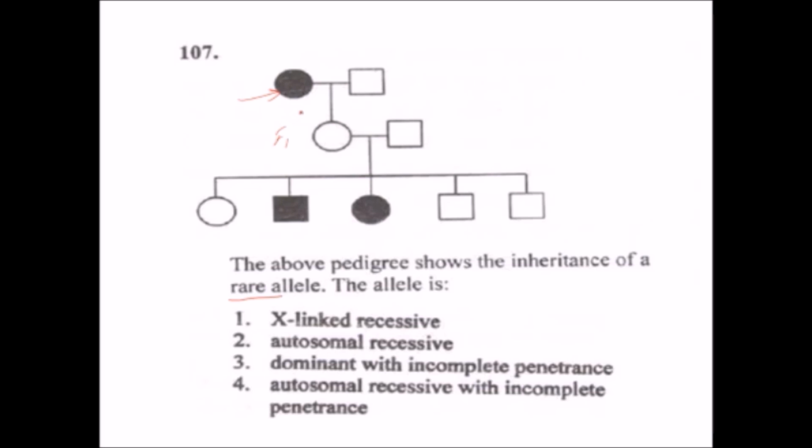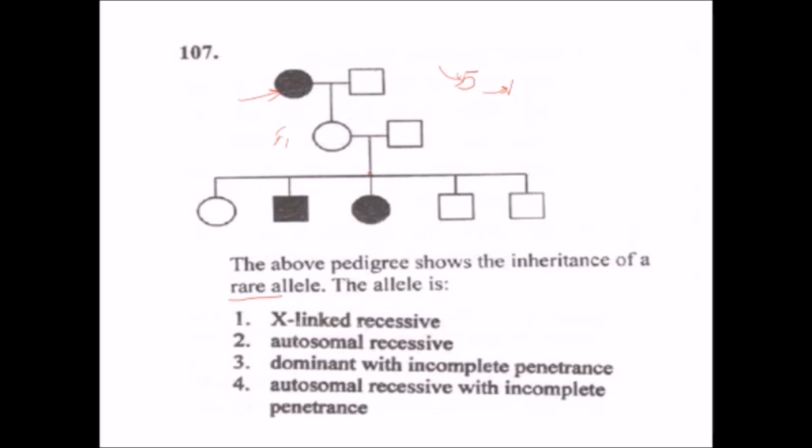Incomplete penetrance means, suppose we are expecting that if it is dominant, then 5 individuals should be affected. But we have only one individual affected, which means it is not completely penetrating, rather it is an incomplete penetrance.